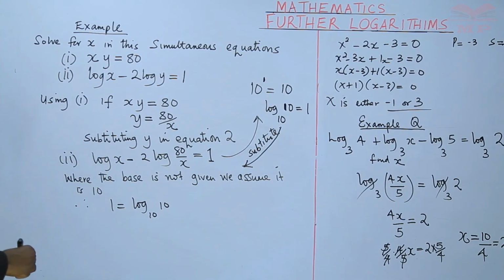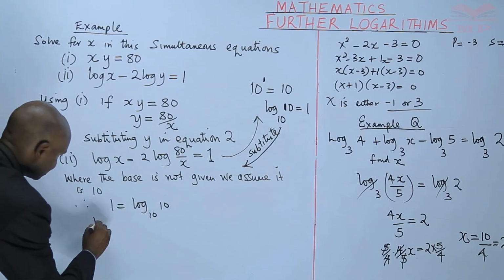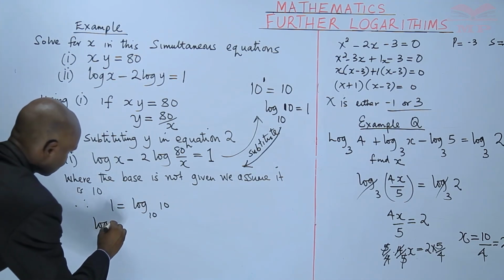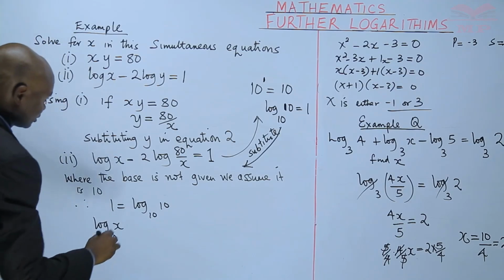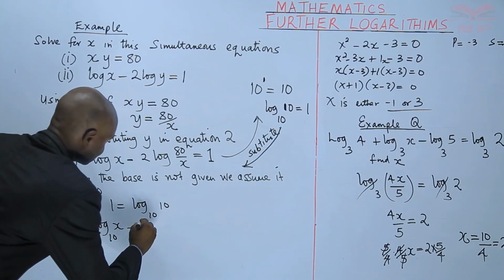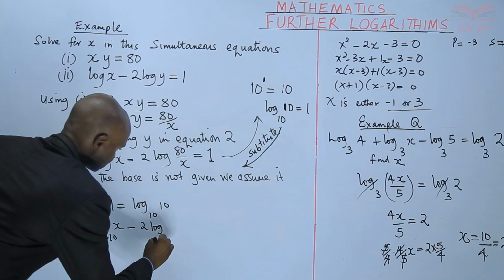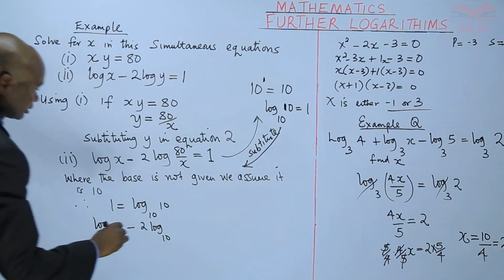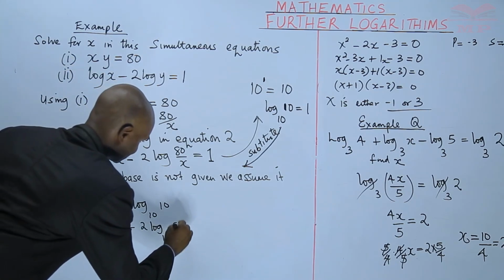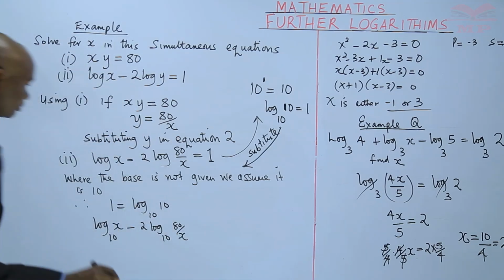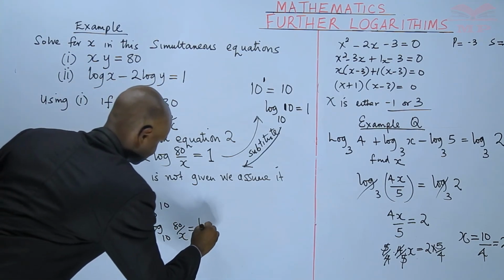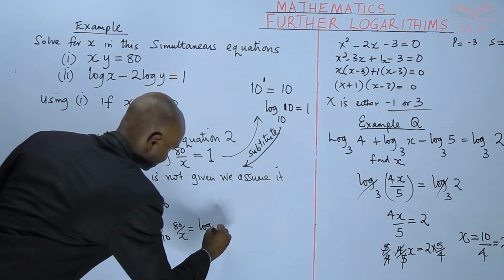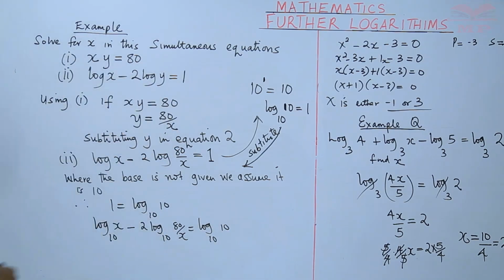So you'll come and say log to the base 10 of x, subtract 2 log to the base 10 of 80 over x, is equal to log to the base 10 of 10.